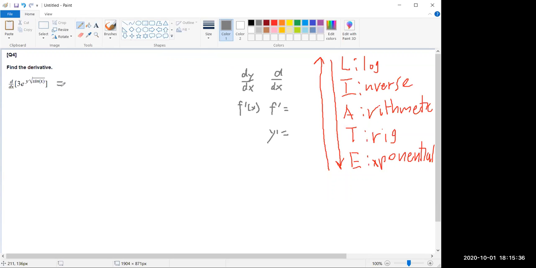You'll also need to remember the derivative of e to the x, right? Because that's the main function. And you'll probably also need to know the derivative of sine. So let's see if we can do this. The 3 is just a constant in the front, so we can just ignore it and take the derivative of the rest of the function. So the derivative of e to the x is just e to the x. So the first part stays the same.